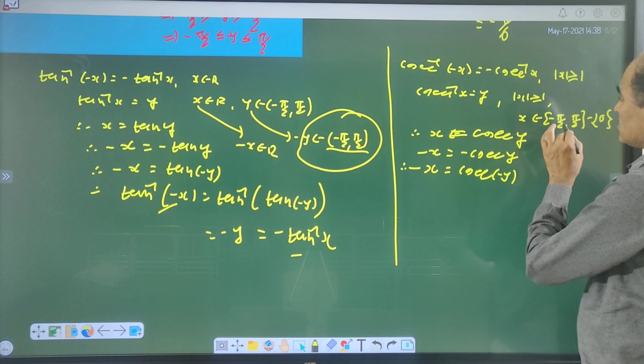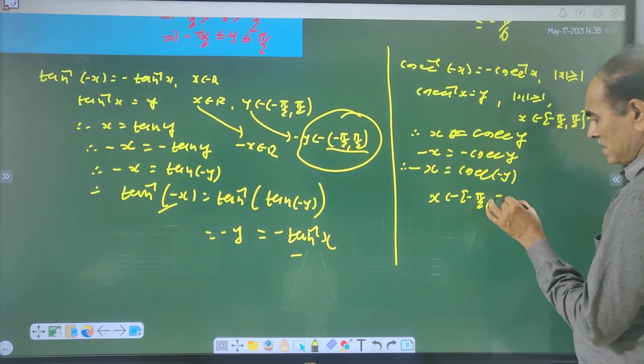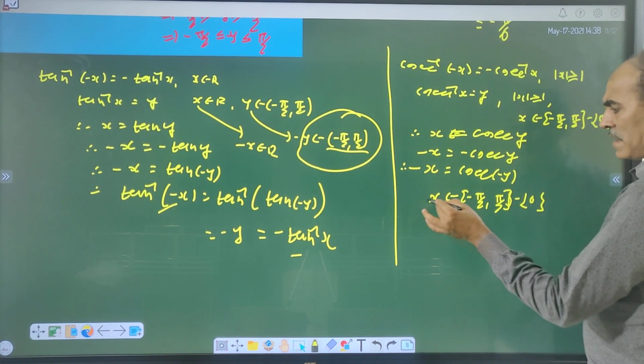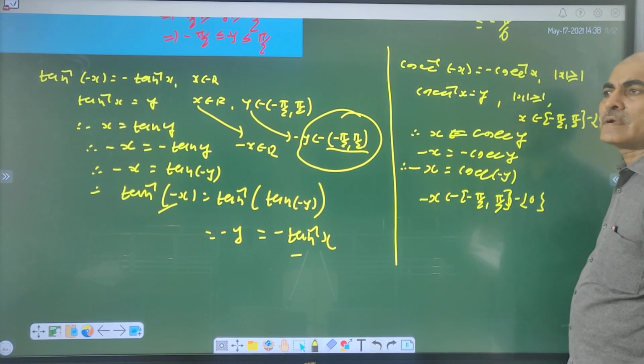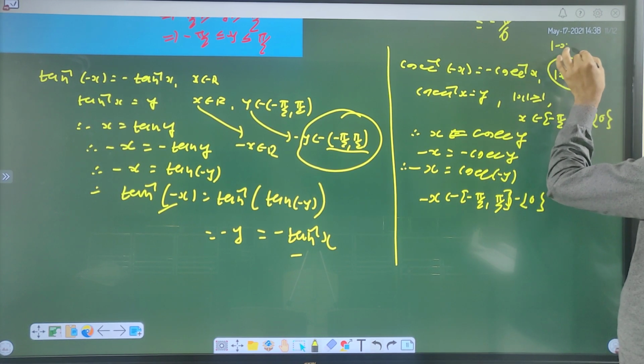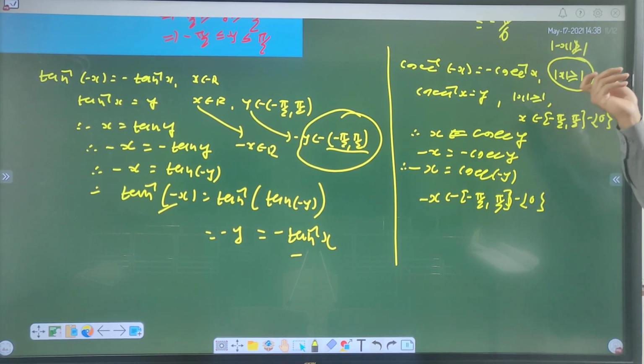Now y is in this interval minus pi by 2 to pi by 2 except 0. Then minus y also lies in the same interval. Now mod x is greater than or equal to 1, so the magnitude of negative x is also greater than or equal to 1.